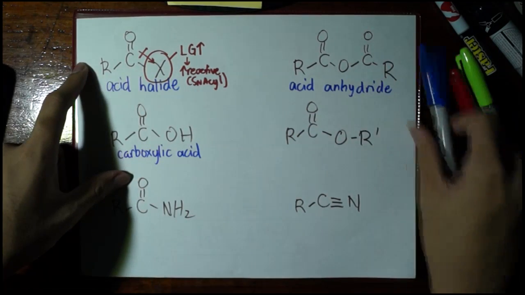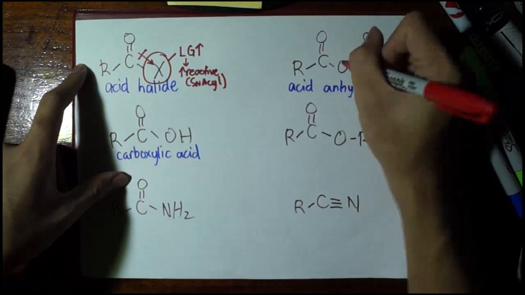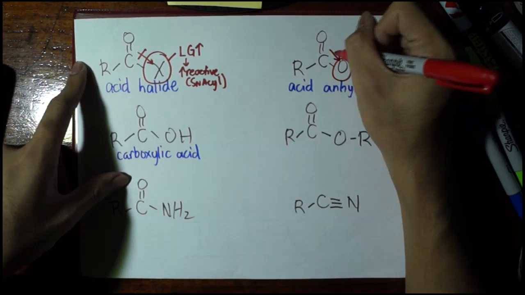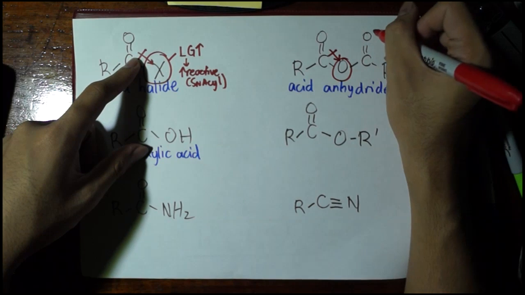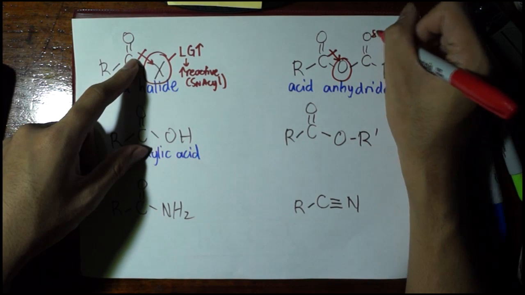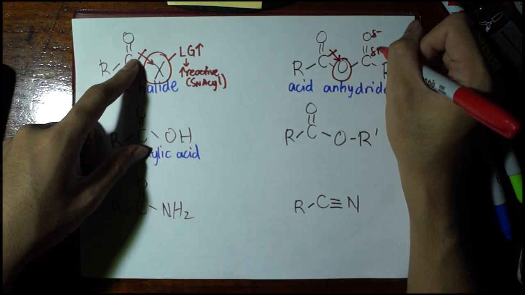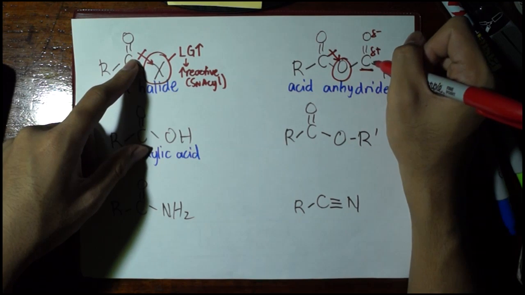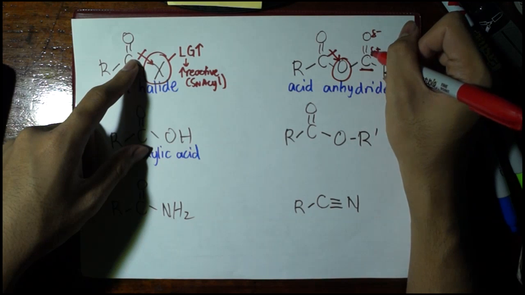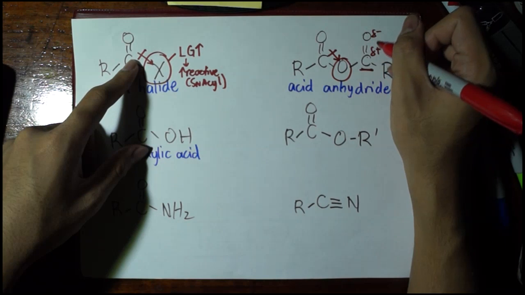Now for acid anhydrides, we have here oxygen. The same thing as with halogens, it draws away electrons. Furthermore, there's an additional carbonyl here which pulls away electrons from this carbon at the other side. What happens to this carbon? Carbon will be like, hey, I'm lacking in electrons.